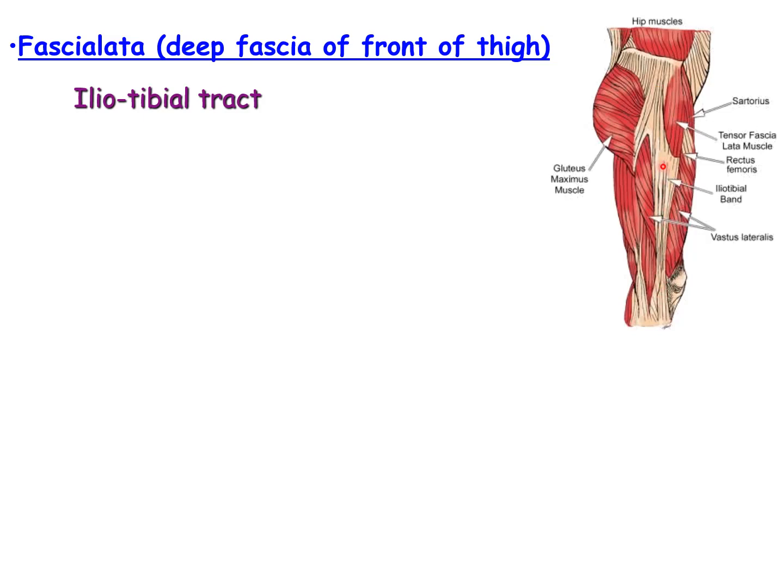It has two important functions. Firstly, it gives insertion to two important muscles, which are tensor fascia lata and gluteus maximus. And secondly, its main function is to maintain extension of the knee joint during prolonged standing.